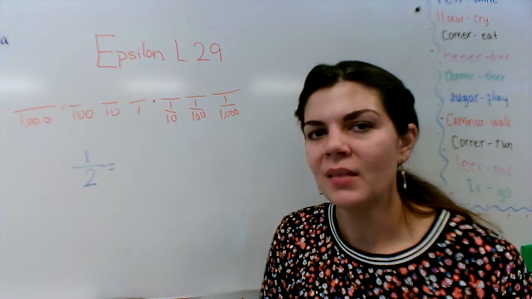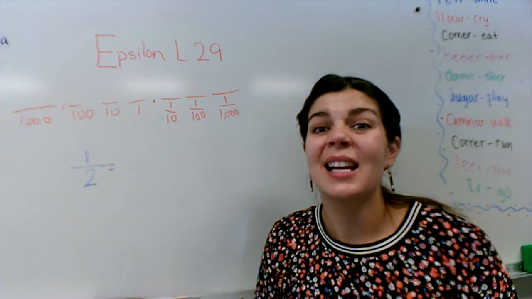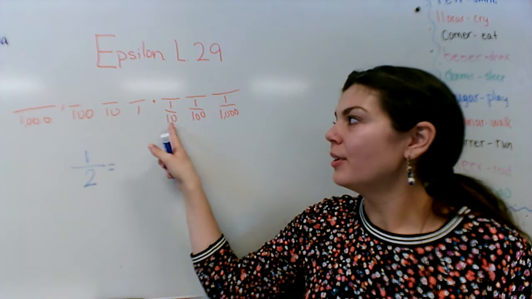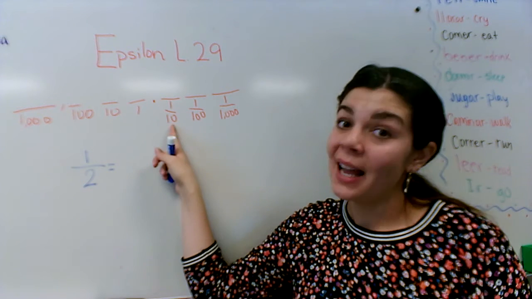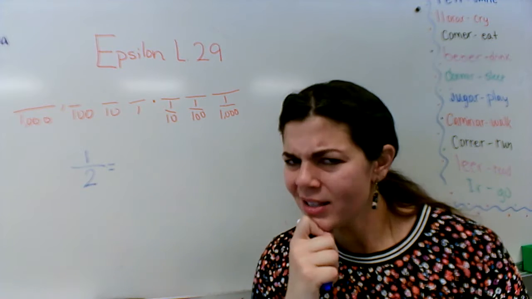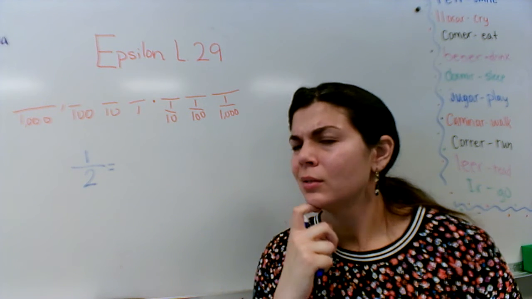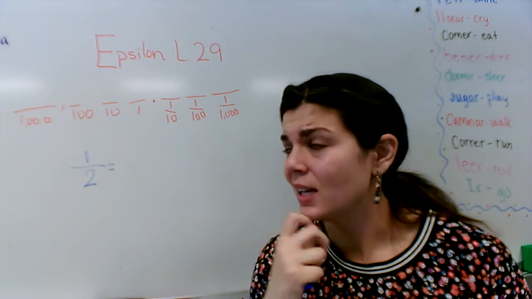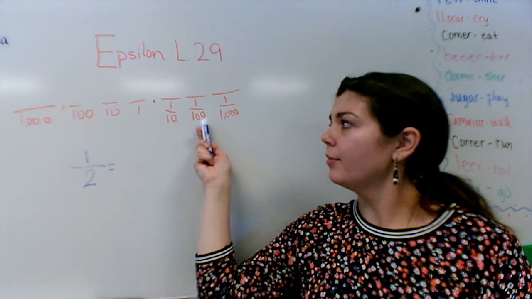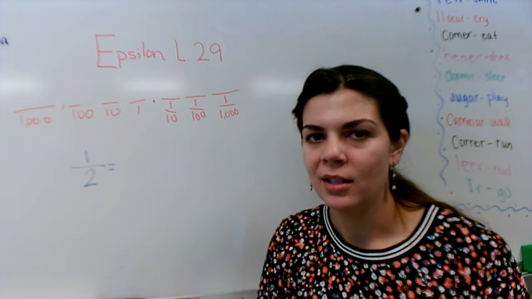Now the biggest thing with decimals is decimals are always out of tens or tenths, hundredths, or thousandths. What's special about those? The main thing being, it's got to have a value of 10.